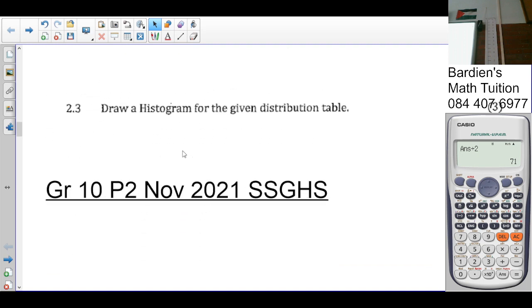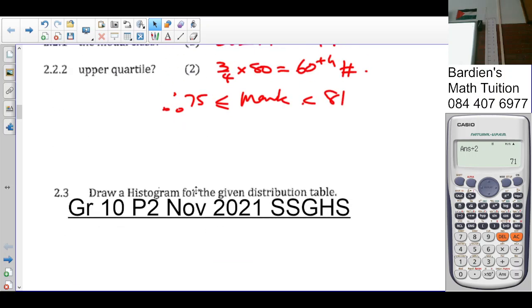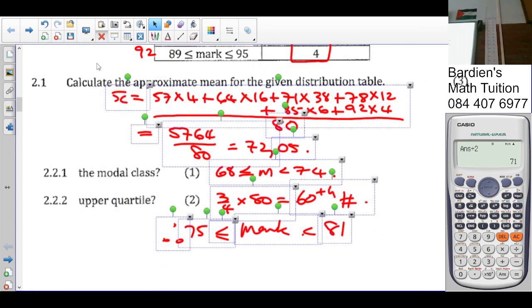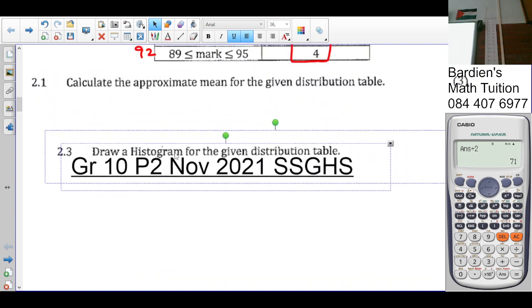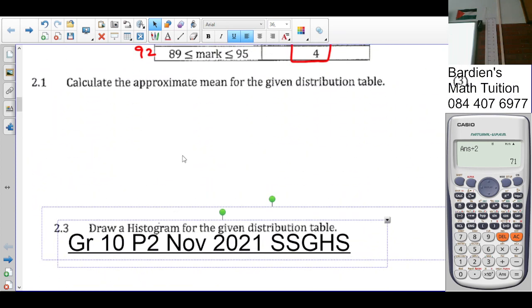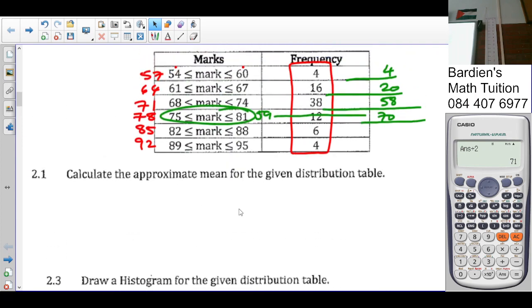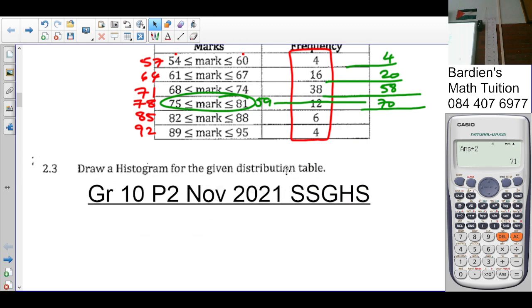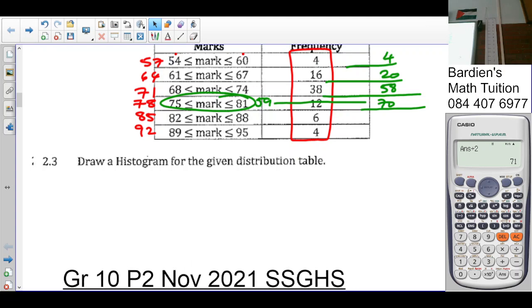Here's another question. Draw a histogram for the given distribution table. So if you look at the histogram here, I'm going to take this off here. On your x-axis goes your marks.